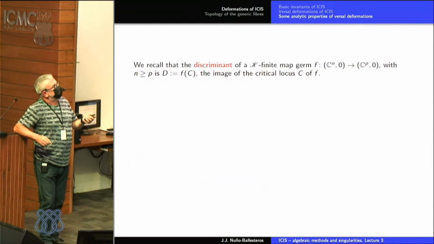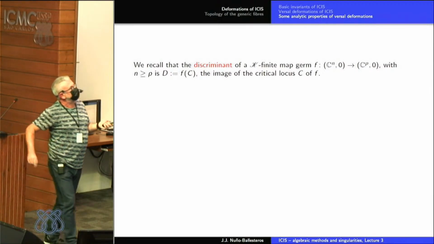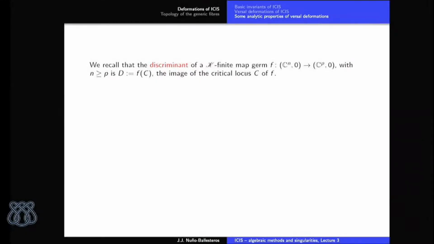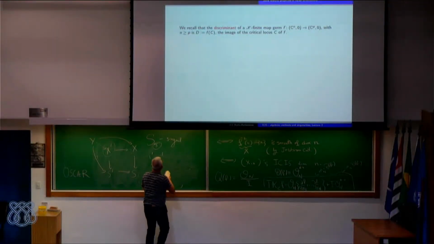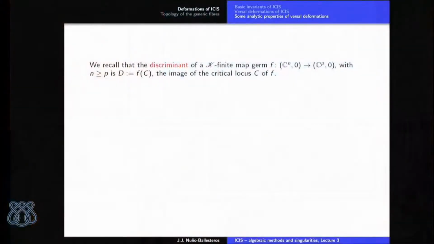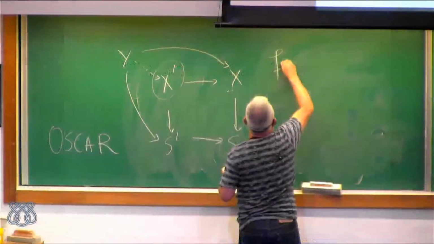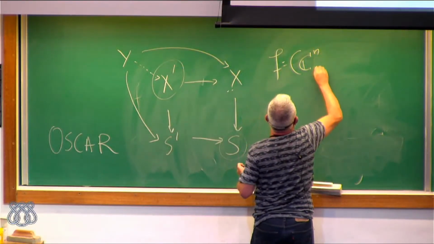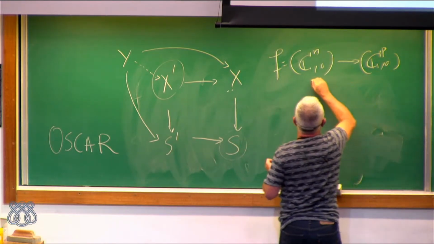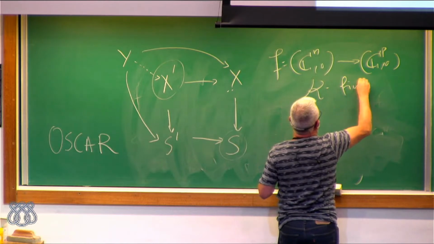Okay, so what happens when we consider a mapping F from Cn to Cp, which is K-finite? Because it is K-finite, then, if you have F from Cn to Cp which is K-finite, yes?